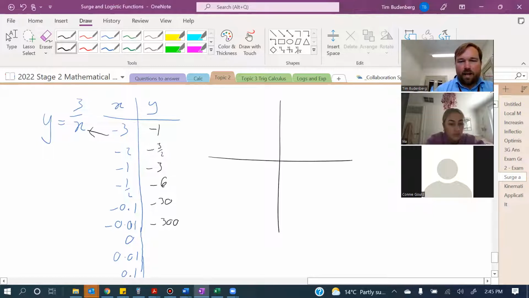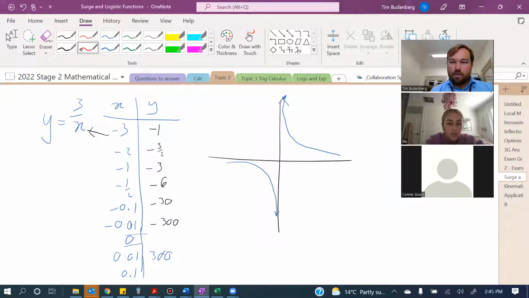What's happening is, as we get very close to 0, it goes towards −infinity. It can't actually equal 0 because you can't divide by 0. And then something interesting happens when we go the other side. 3 divided by 0.01 is 300 positive. All of a sudden we're back up here and the graph does this.